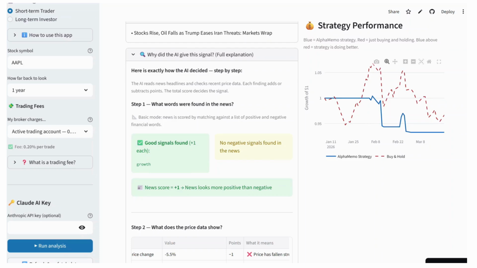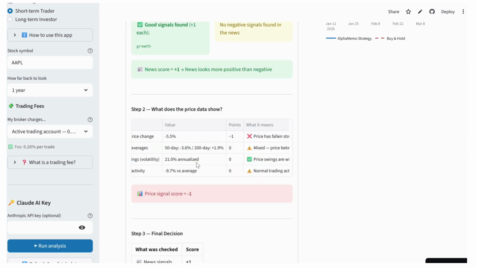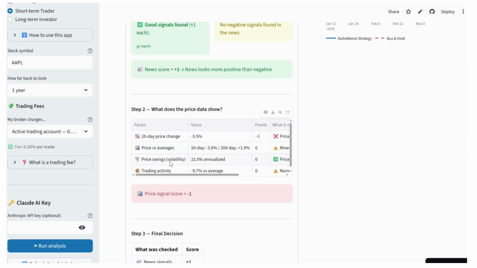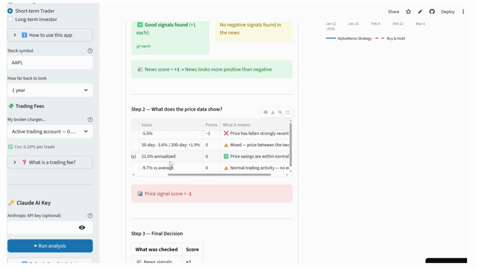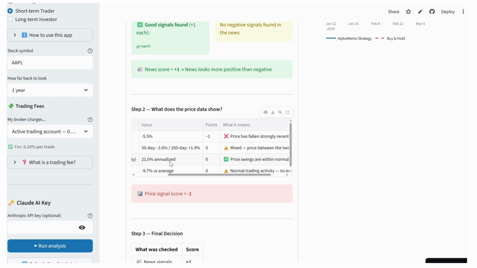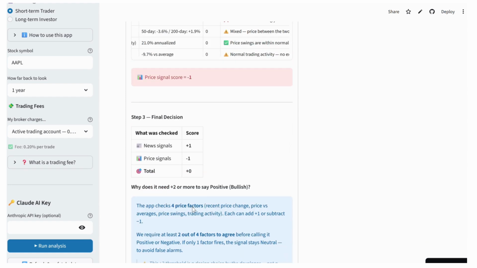This is the part I'm most proud of: the full explainable AI breakdown. Step 1 shows which words in the news score positive or negative. Step 2 lists every price factor in a table with points and plain English meaning. Step 3 shows the final decision: news score plus price score equals total.